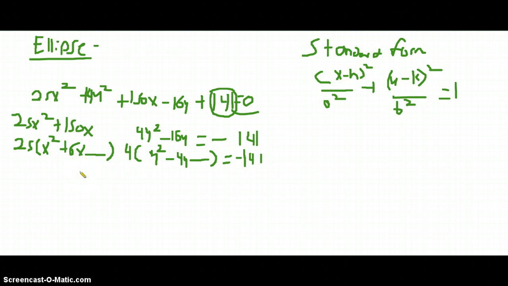So from here, what I'm going to do is complete the square like we have done before. So 6 divided by 2 is 3, 3 squared is 9. So I would have 25 parentheses x squared plus 6x plus 9.